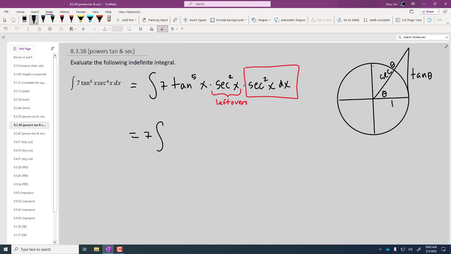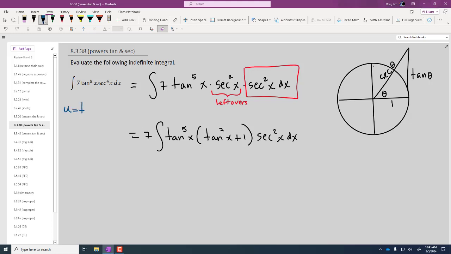That's the best way to memorize that identity: tan squared plus 1 is secant squared. So if we replace secant squared, we just replace it with tan squared plus 1. So tangent to the 5th multiplied by tan squared plus 1 multiplied by secant squared. And now we are ready for u substitution.